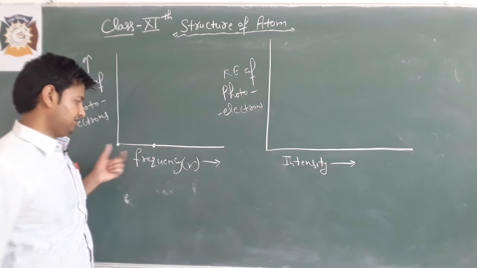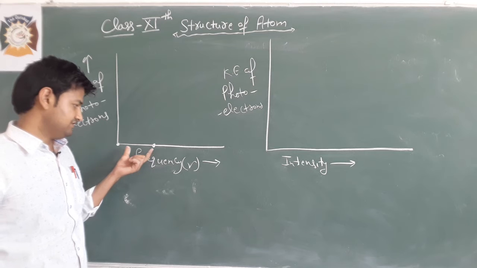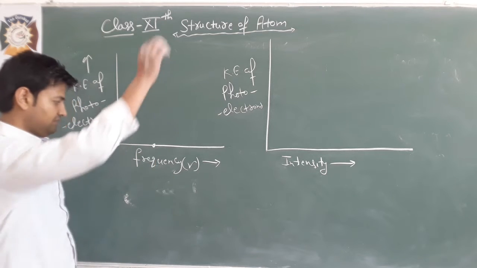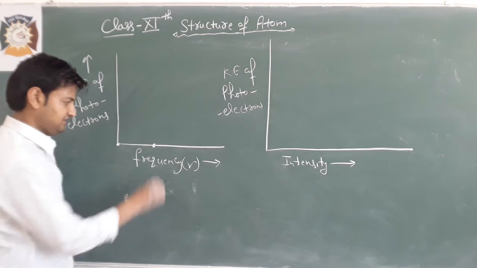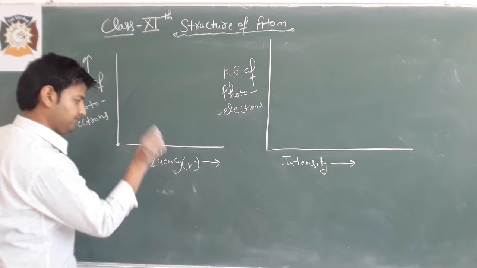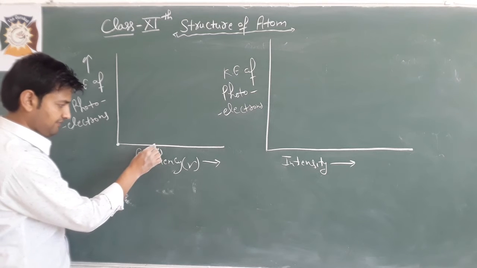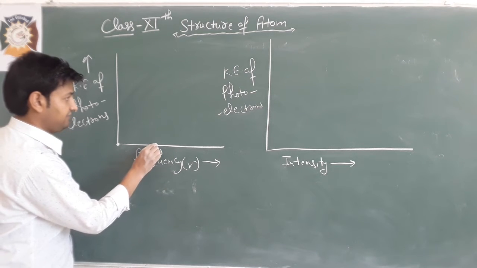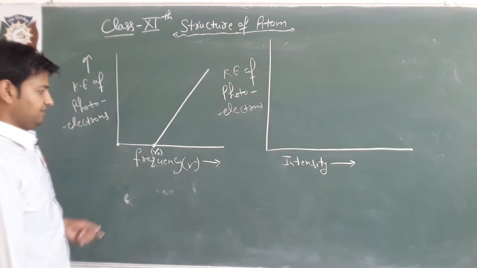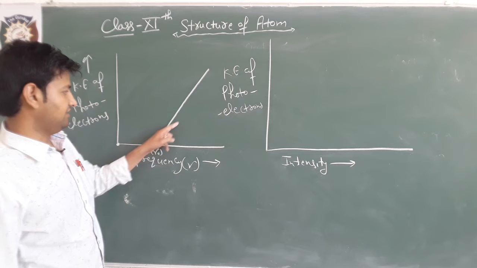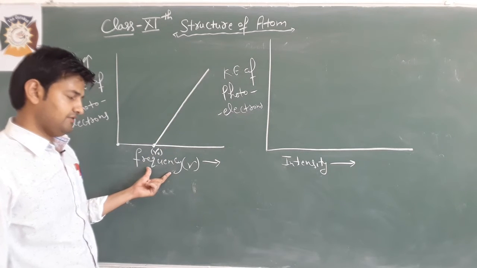Let this point be the threshold frequency, the minimum frequency required for the ejection of electrons. This is equal to nu naught. So electrons start being ejected, and when we apply frequency more than this, they are ejected with kinetic energy. So kinetic energy increases after the ejection of electrons as we increase the frequency.